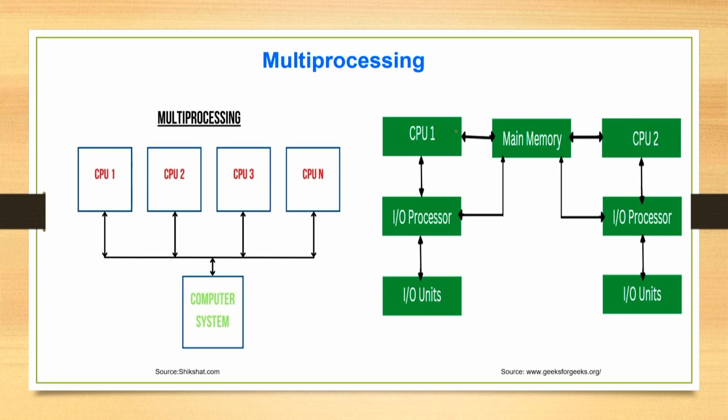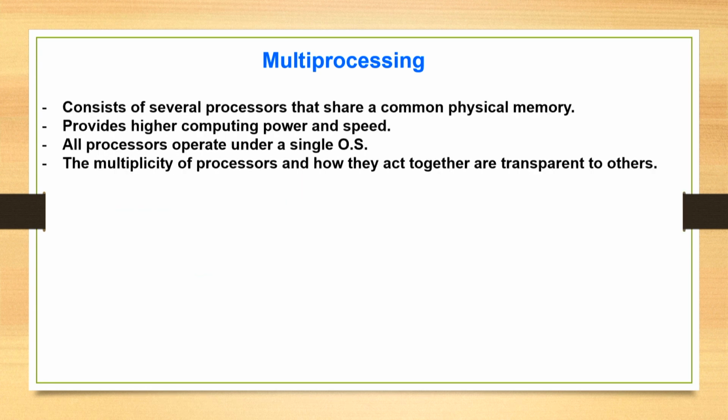In this diagram you can see computer 1 contains CPU 1 and CPU 2, that is 2 processors which can access the same memory. As the name says, multi means more than one processing can be done, and for processing more than one processor is required.